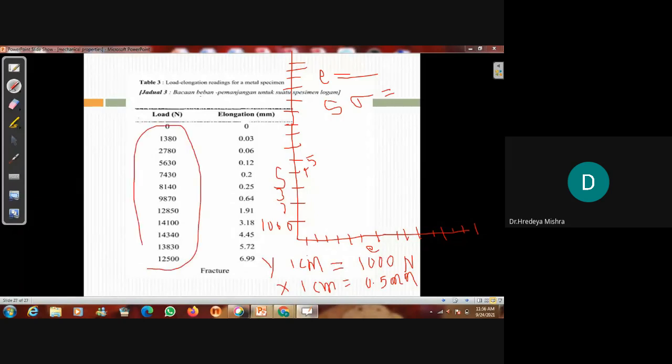So how do we go along this y-axis at least 13 centimeter, at least 13 centimeter means around your 6-inch scale.